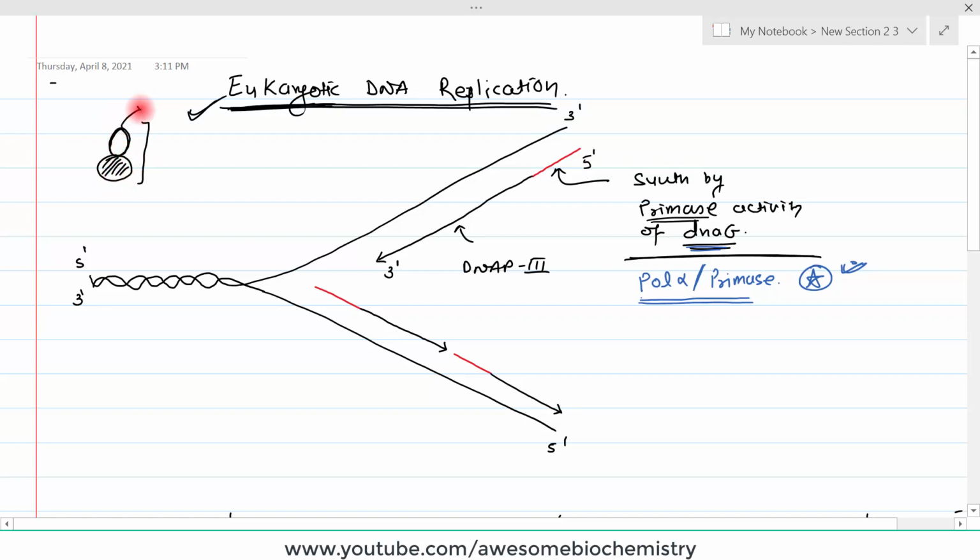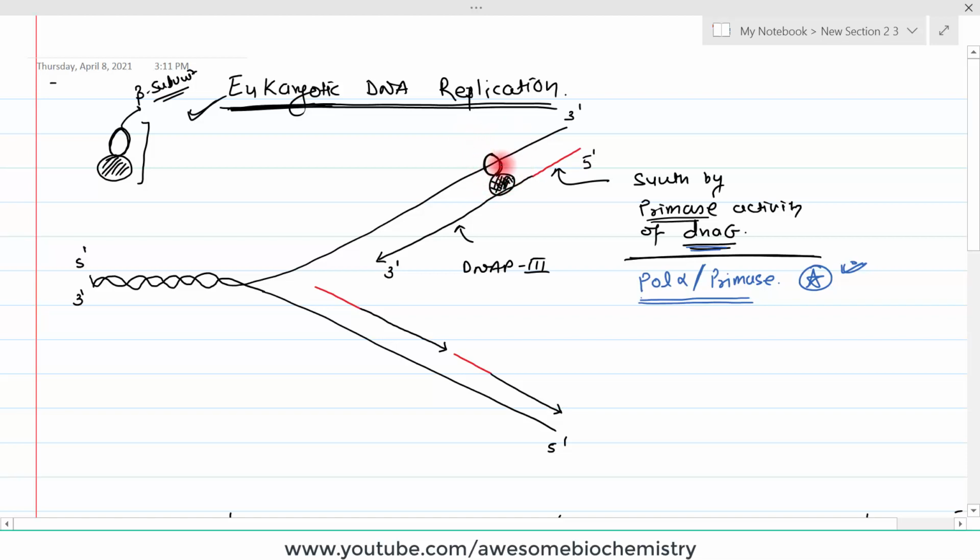This ring-like structure is the beta subunit. There is an advantage with this beta subunit: this ring-like structure clamps on the template strand, and the remaining bulk of the enzyme, which has the DNA polymerase activity, remains at this place. So this ring ensures that DNA polymerase 3 enzyme always remains near the template, so that high processivity of this enzyme is achieved. What processivity is and why we need that, I had already discussed in a previous video.